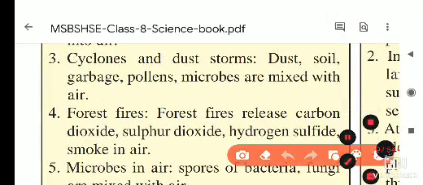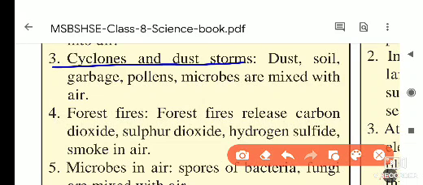Okay, next it is the cyclone and dust storms. Cyclones and dust storms are seen most of the time in the region of desert. So what is present inside it? Dust is present, soil is present, garbage, whatever comes in the way of the cyclone or dust storm gets collected inside the cyclone.